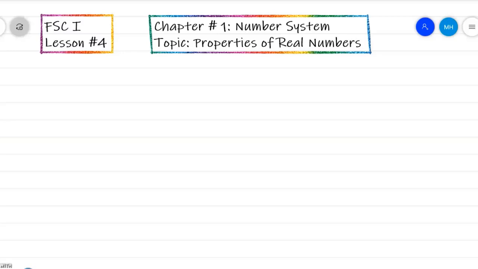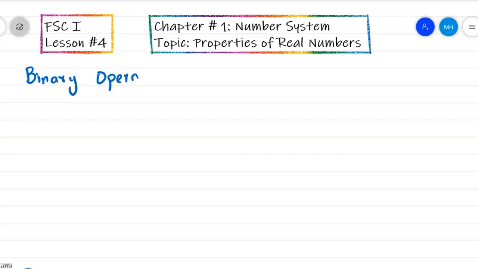Before starting the properties of the real number, I am going to explain what a binary operation is. As the name also symbolizes, binary means 2.